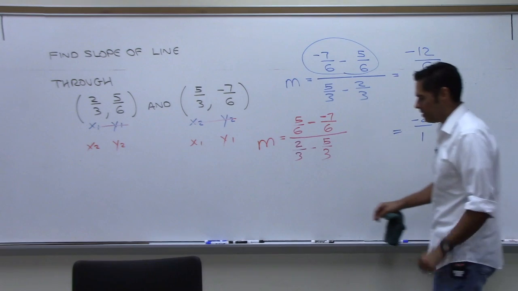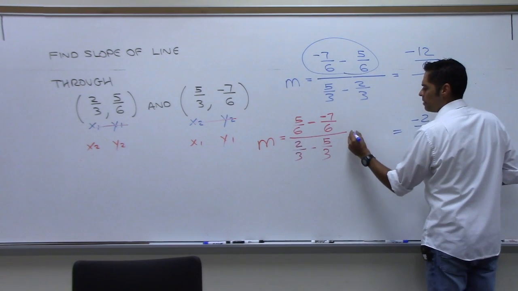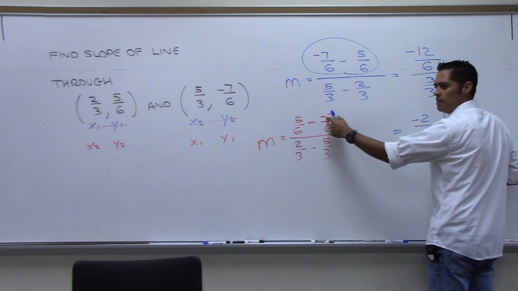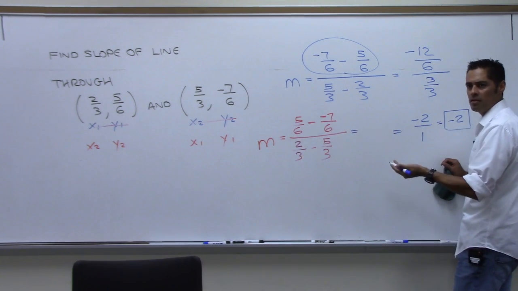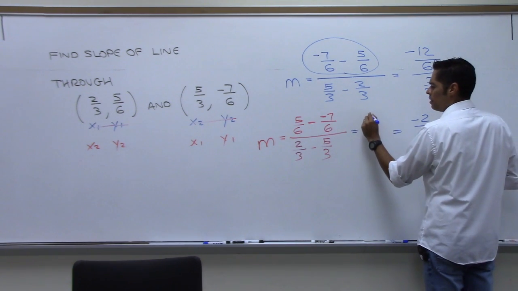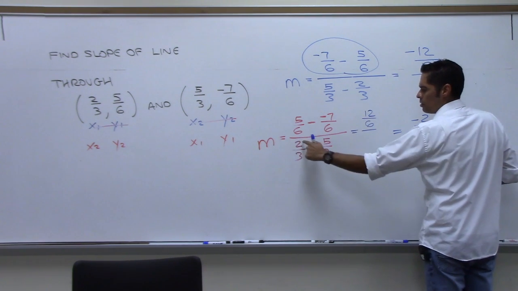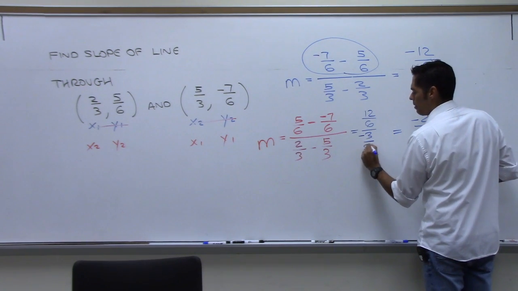And everyone's like, he's going to get it wrong. But he shouldn't. So what happens there when you do 5 take away a negative? It's the same as addition, right? Subtracting a negative, two negatives make a positive, so you get 5 plus 7 is 12 over 6, and then 2 take away 5, negative 3 thirds.